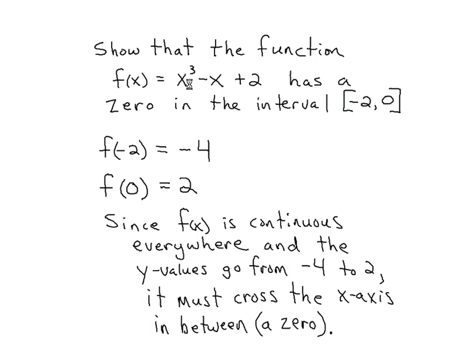Let's say we wanted to find what value of x would make this function equal to 10. Well, I can set this function equal to 10 and solve and show that it does have a value. There's a certain x value I could put in that will make this equal to 10. But you first have to use the intermediate value theorem to verify that it goes above and below 10, and that if it's continuous, it will definitely hit 10.